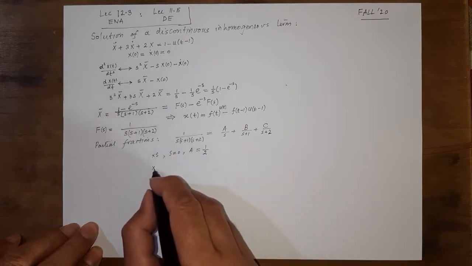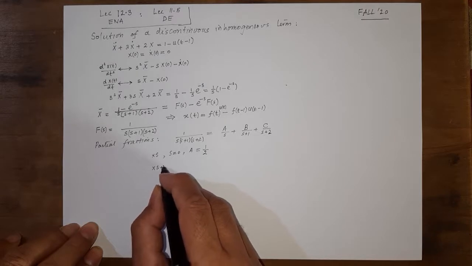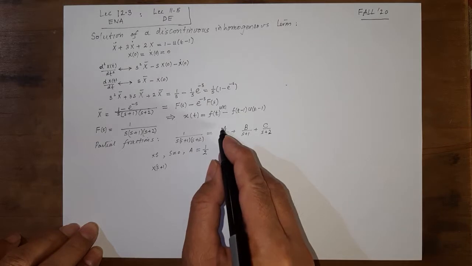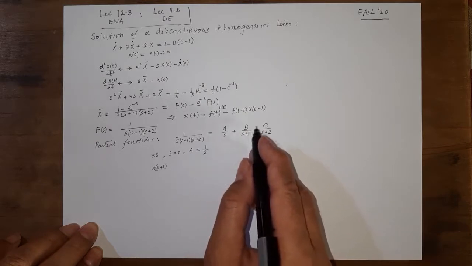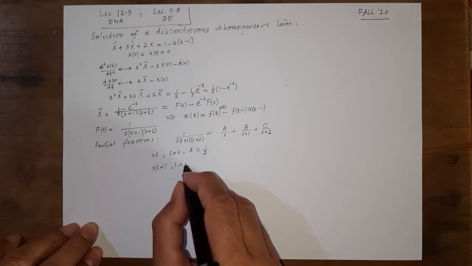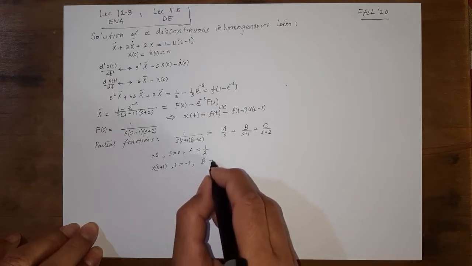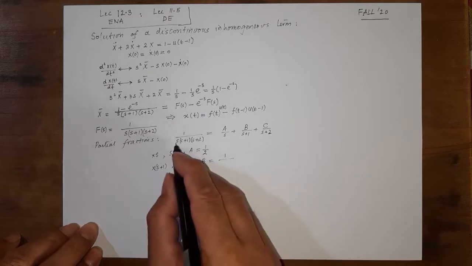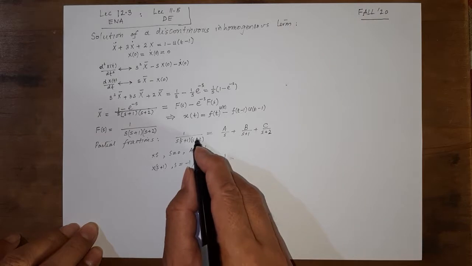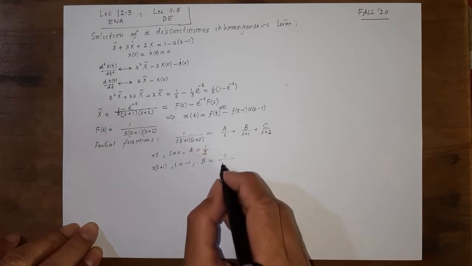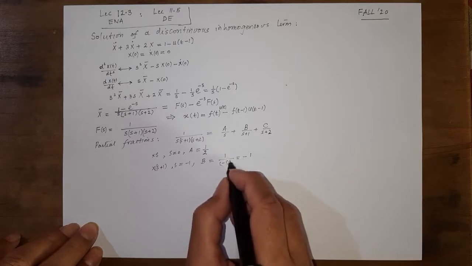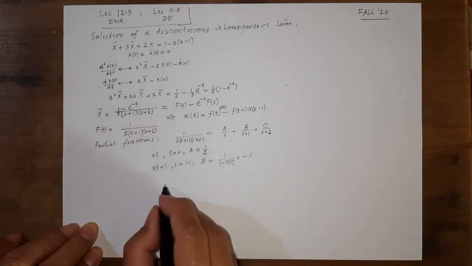And if we do it on a similar line, multiply by s plus 1 throughout, this term cancels out, and these two get s plus 1 in the numerator. When we put s plus 1 equal to 0, we get B is equal to 1 over minus 1. Minus 1 plus 1 plus 2 is plus 1, so we get minus 1 here, which is minus 1 into 1, which is minus 1.